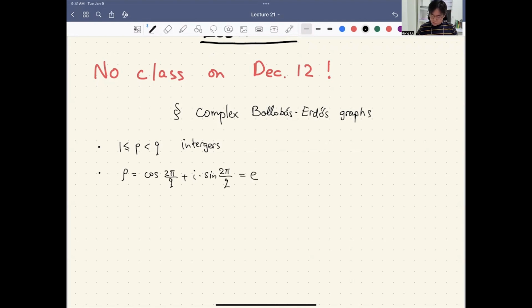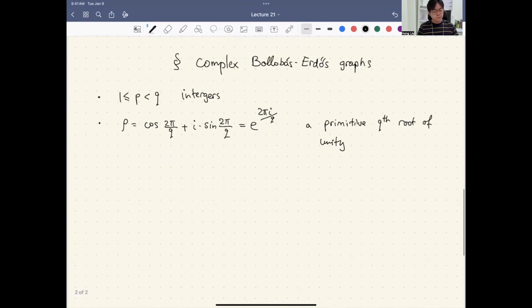You can also write it as e to the 2 pi i over q. This is the primitive qth root of unity.